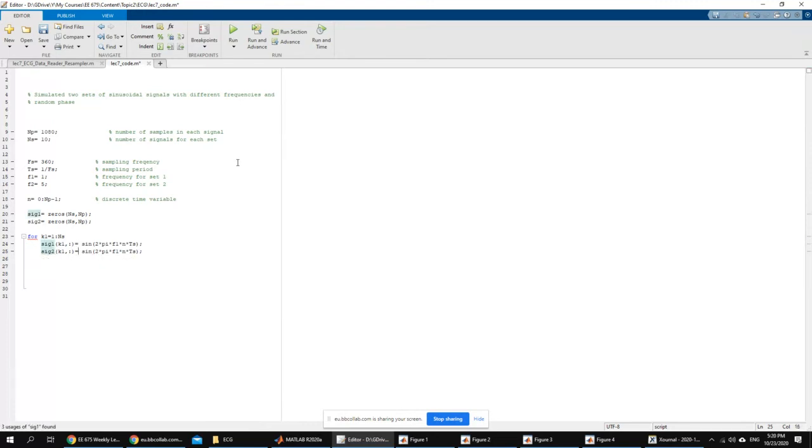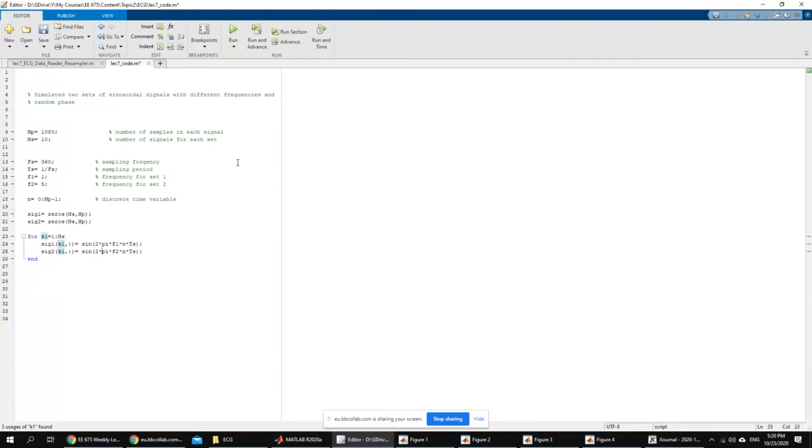Are you following what I'm doing, or do you have any problems? I'm just trying to generate multiple signals that are stored in arrays, signal 1 and signal 2. Is that clear to you? Here, for K1 equal to 1, I'm going to generate one signal and store it in position 1, then 2, then 3, then 4, and so on.